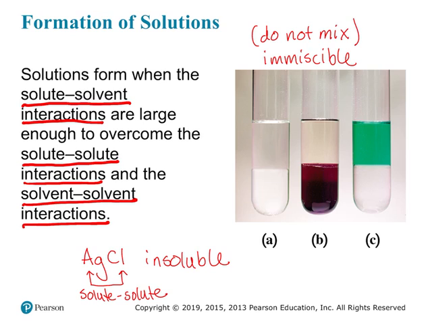One really good example is oil and water. Oil and water do not mix. They're immiscible, and that's because the oil-oil interactions are not strong enough to break apart water-water interactions, and vice versa. So they're just going to stay separate from each other.